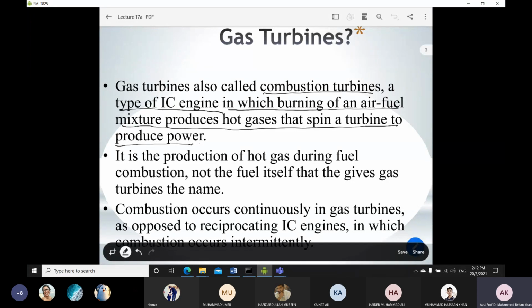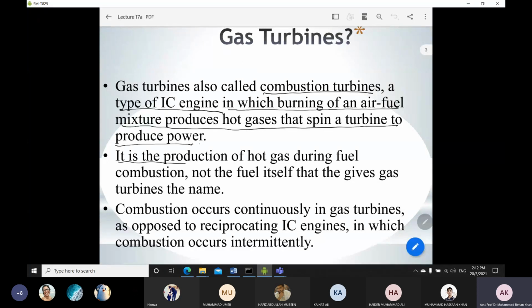But here, as a result of combustion, exhaust gases are generated, and these exhaust gases are used to spin the turbine to produce power. So we are not using the combustion process itself to produce power; we are using the resulting gases, the exhaust gases, to spin the turbine, which produces rotary motion, and then we can convert that rotary motion into useful work.